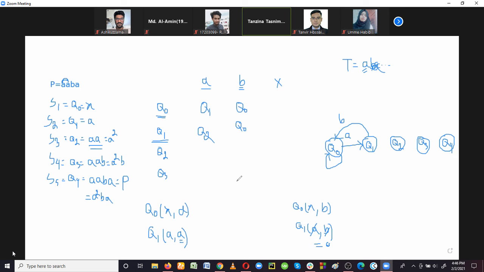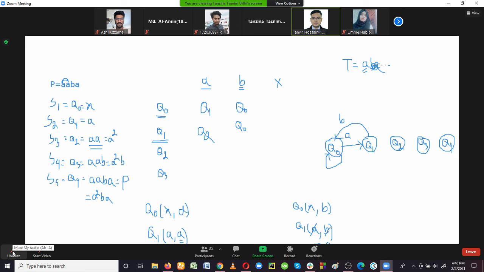Another possibility is receiving B. Q1 has its own value A, so after receiving B there are two characters A and B, but we don't have any state with the characters A and B.